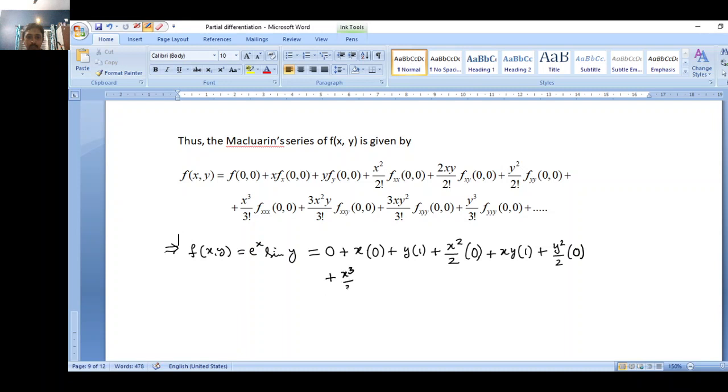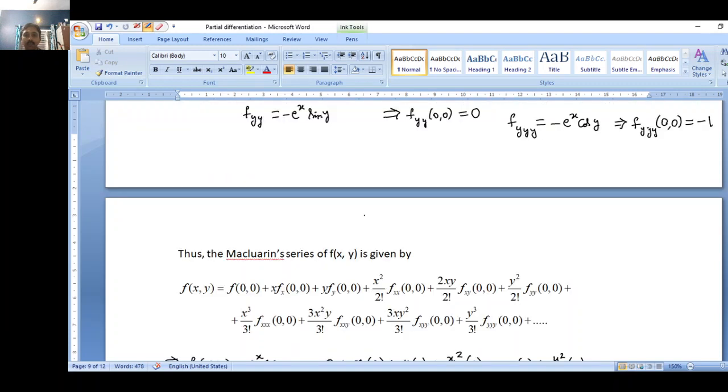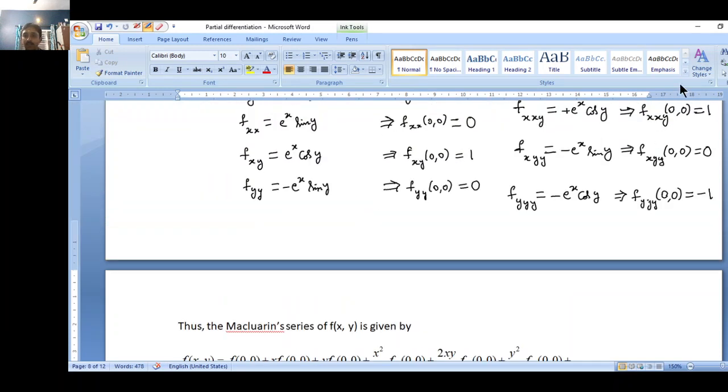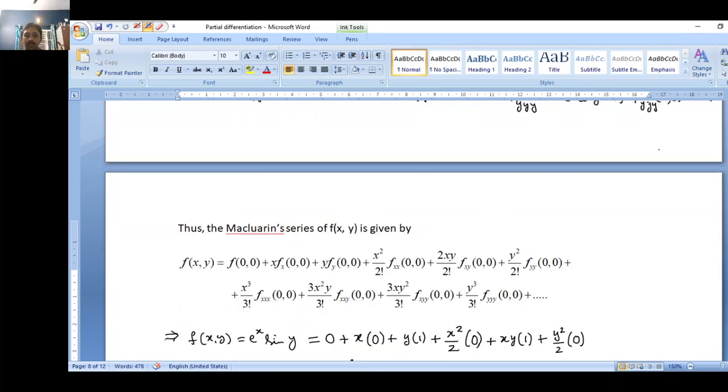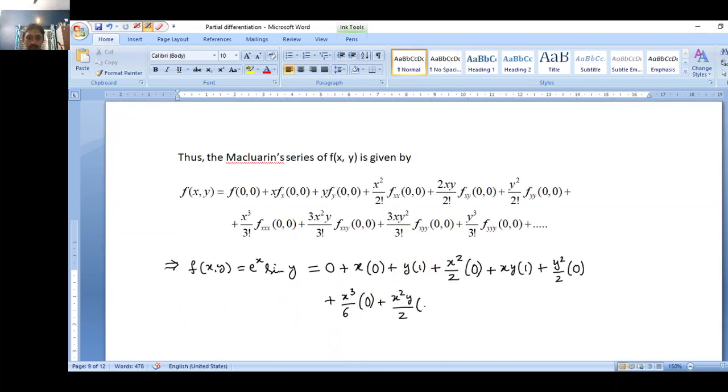x cubed by 3 factorial, and when you say 3 factorial, this is x cubed by 6, correct? And fxxx is 0 again. Then when you say 3 x squared y by 3 factorial, that is going to be x squared y by 2, because 3 factorial is 6, 3 by 6 is 1 by 2, right? And fxxy is 1, so this will be a 1 here.